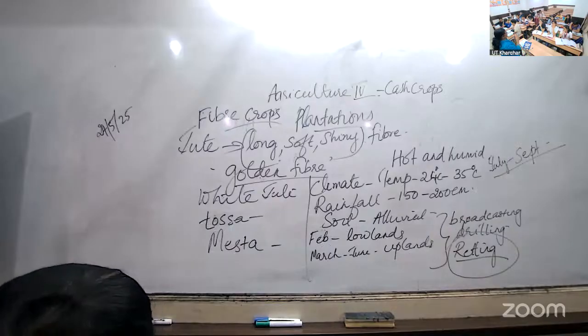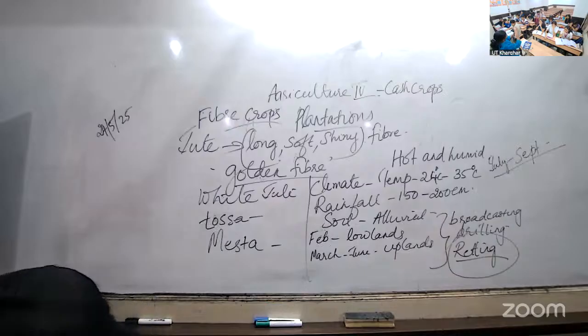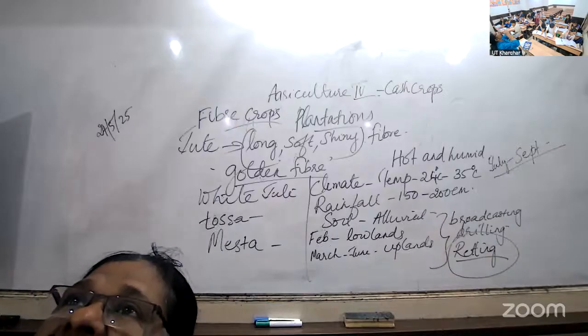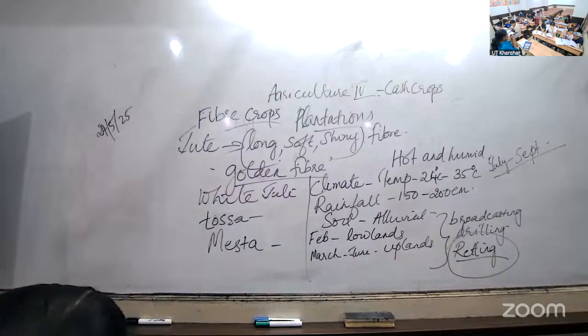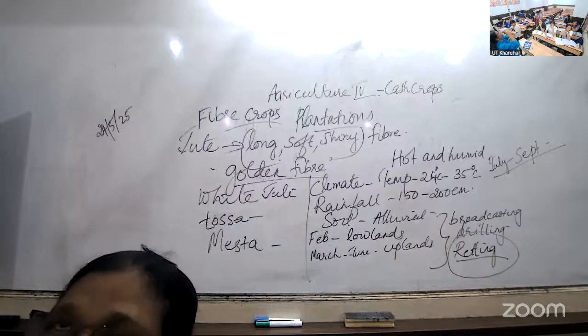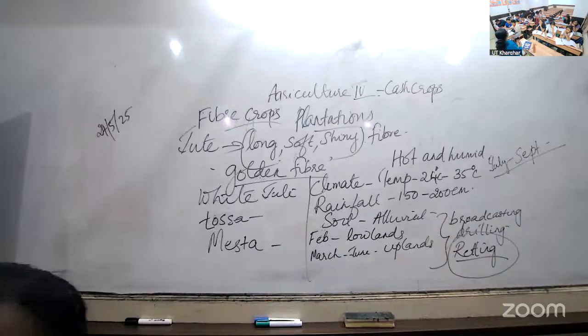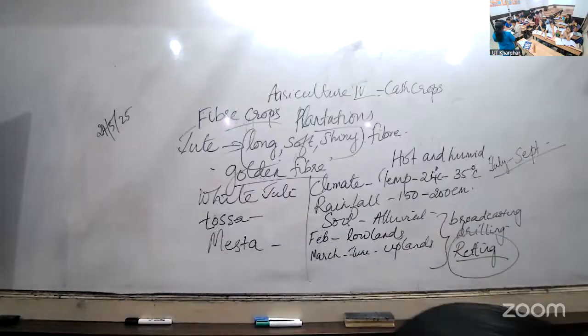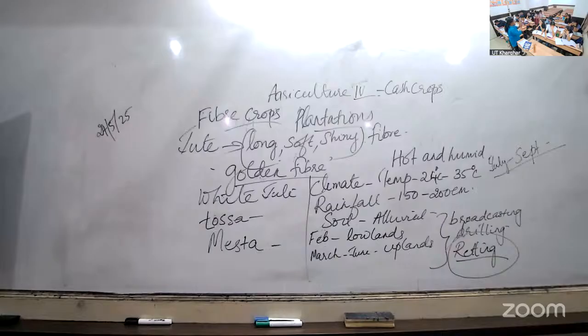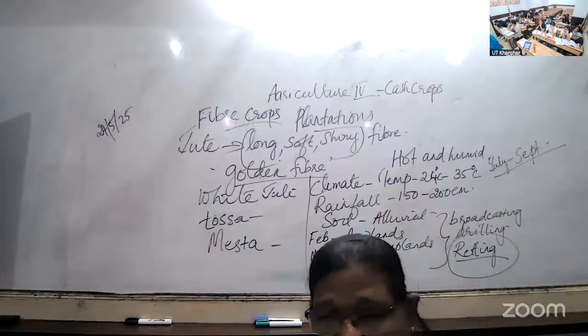Which are the areas where this jute is produced? West Bengal is the most important producer of jute, and in nearby areas, parts of Bihar and Assam and the northeastern states, this crop is produced.